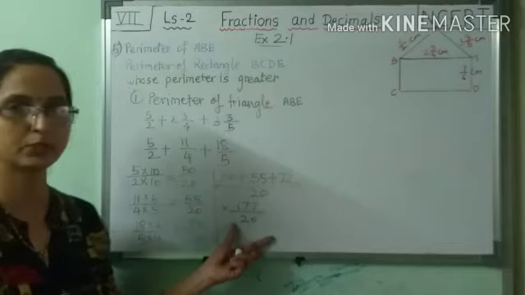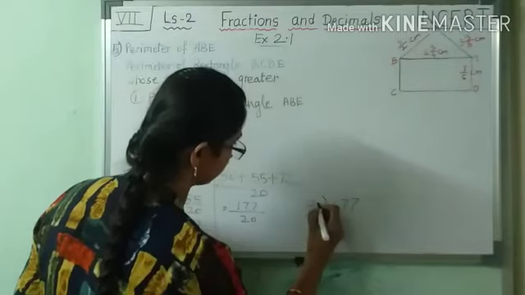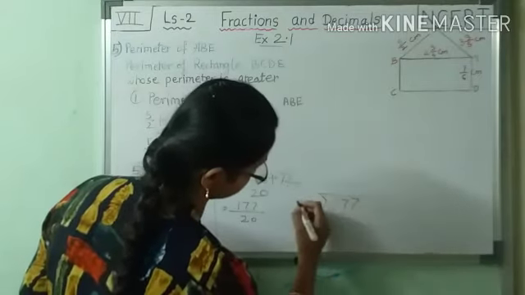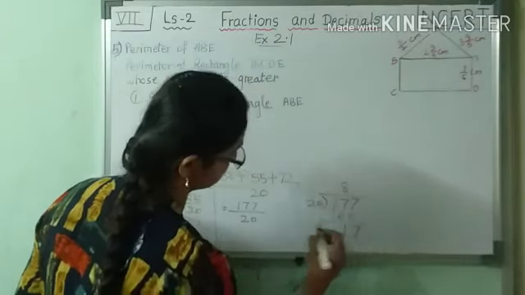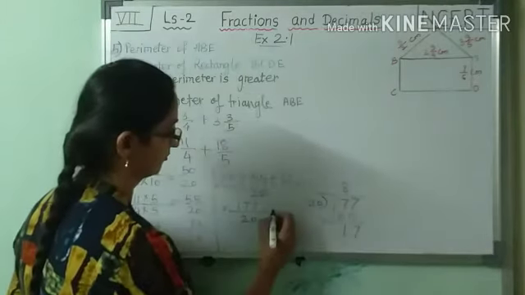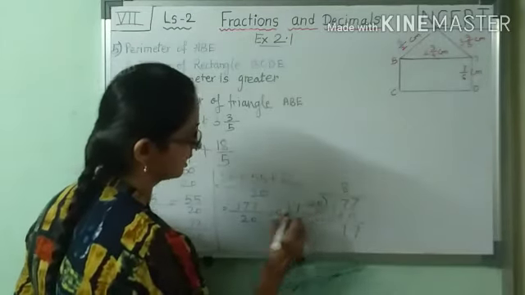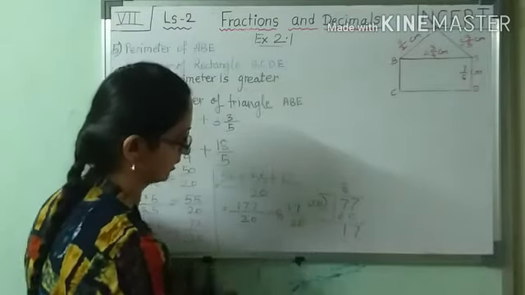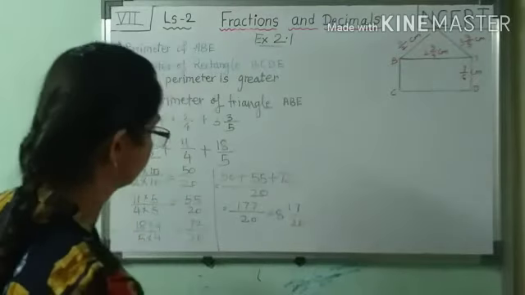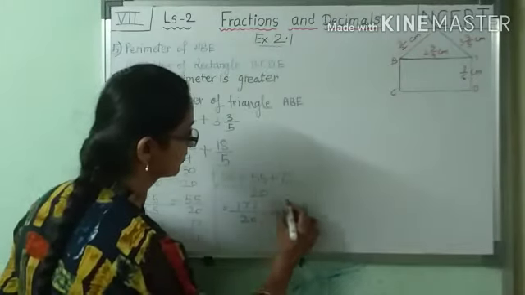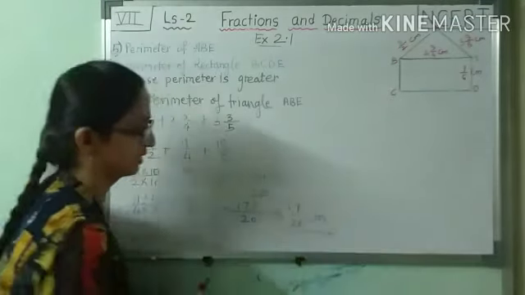We can convert this into simplest form. So divide 177 by 20. 8 twenties are 160. Here the remainder is 17. So 8 is the whole number. Write this 17 here and 20 as denominator. So the perimeter of the triangle is 8 and 17 upon 20 centimeter.